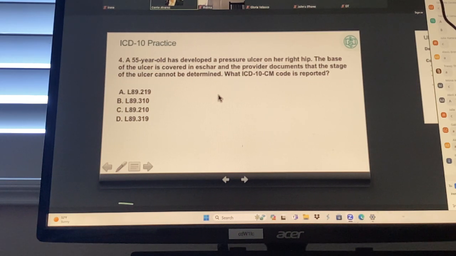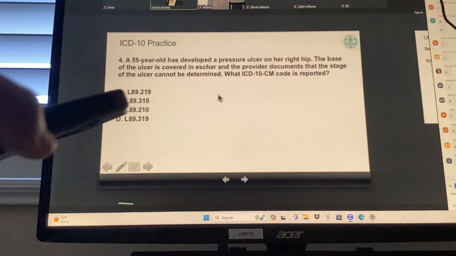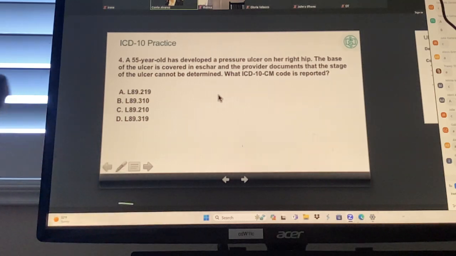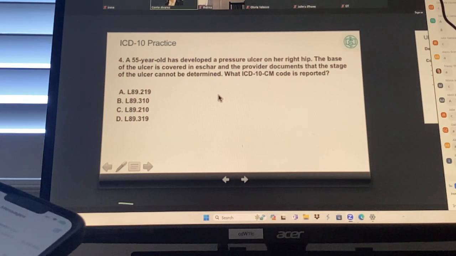But you're probably thinking, oh, you didn't need to explain that to me. But the point here is, do you know what unstageable means versus undetermined? It's almost like that neoplasm question we went over that isn't documented or needs more advice to send out for a consultation.